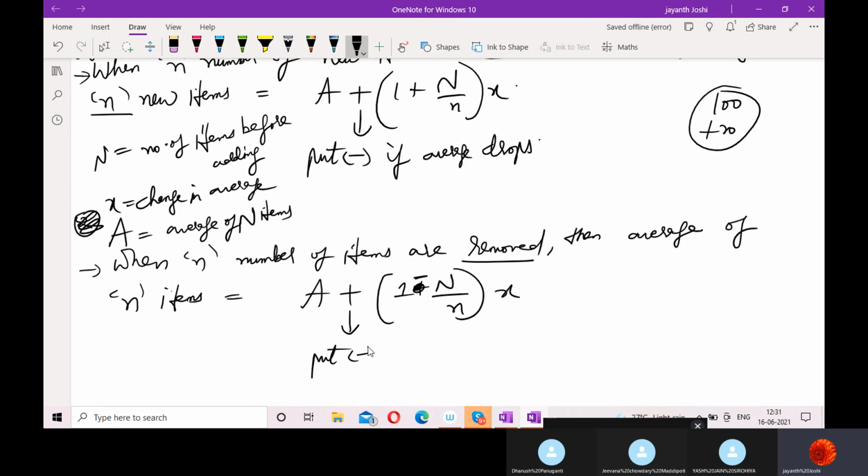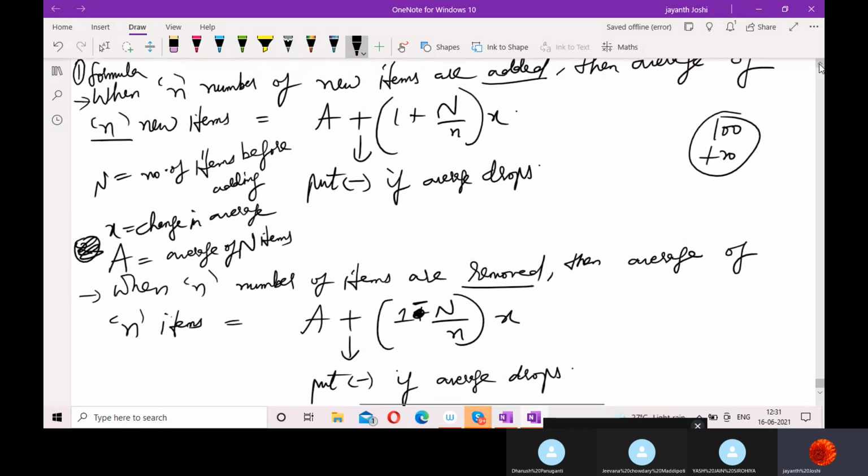Put minus if you remove, and plus if you add. Put minus if average drops. All of you please make a note of these 2 points.